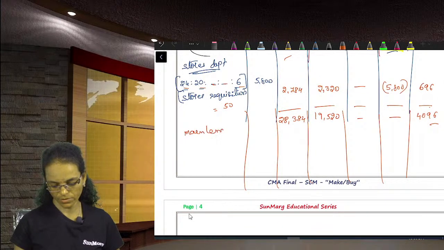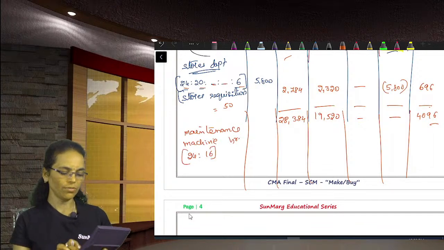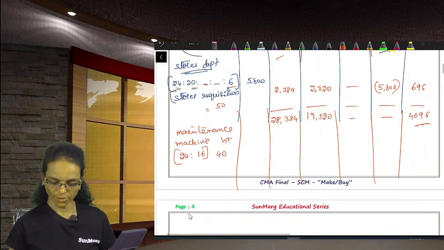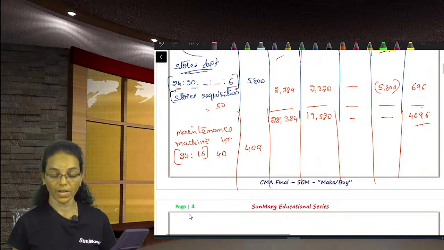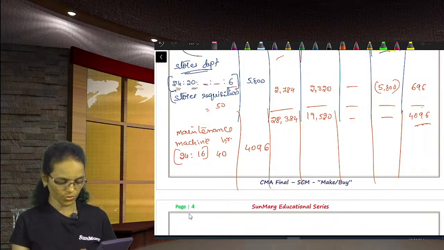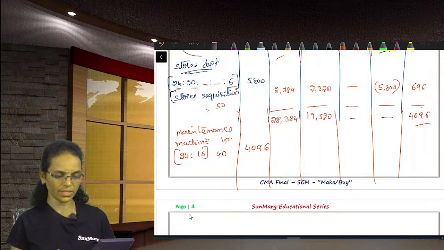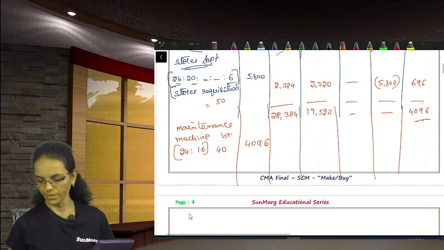Maintenance cost on the basis of machine hours, 24:16. 24 plus 16 is nothing but 40. The amount of expenditure 4,096. So 24 divided by 40 into 4,096 is nothing but 2,458.